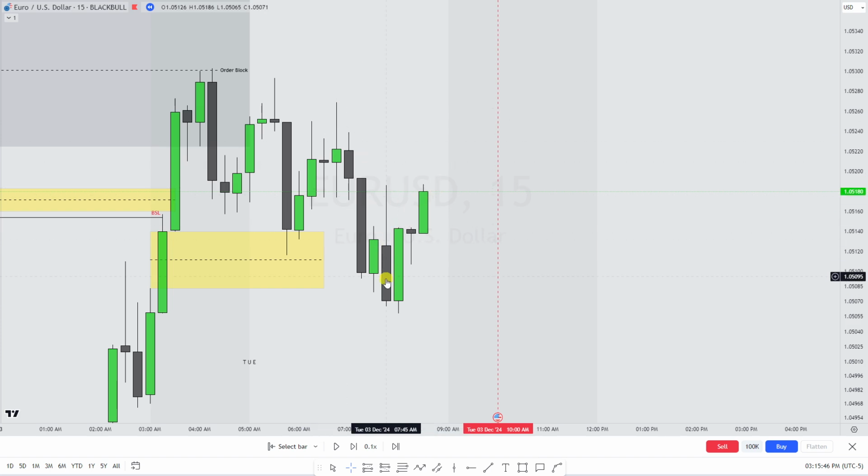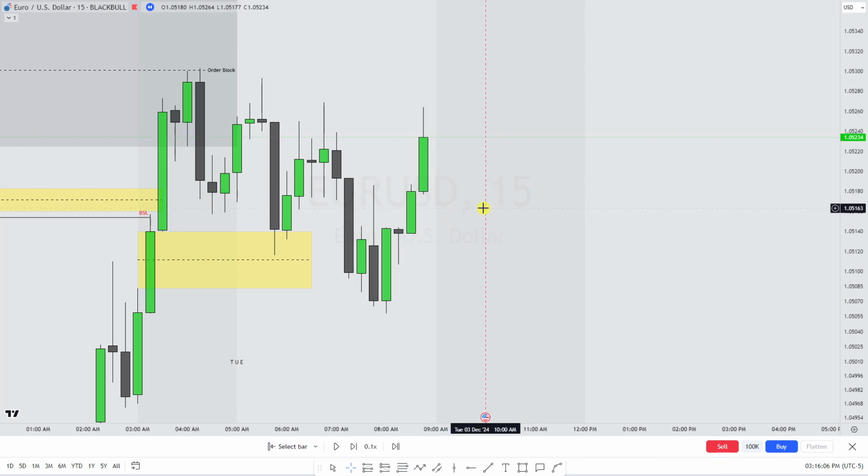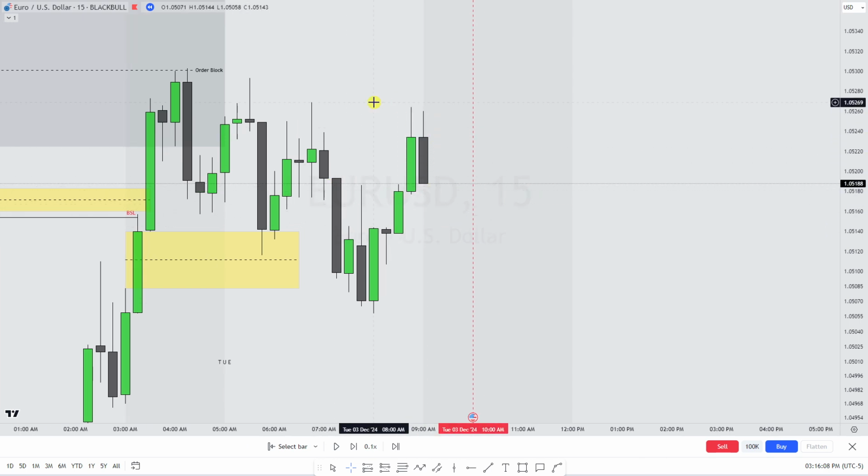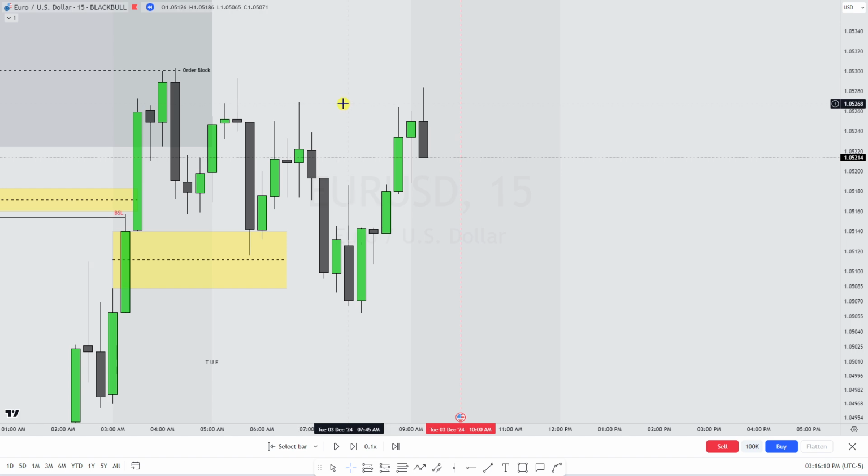So there's nothing here. Most likely, because there's no imbalance or anything, this imbalance was already filled. It's more likely that price will take out this buy side liquidity over there and then go all the way into this swing high over there, because there's nothing else. And yeah, as you can see, price did go all the way up and took out this swing.